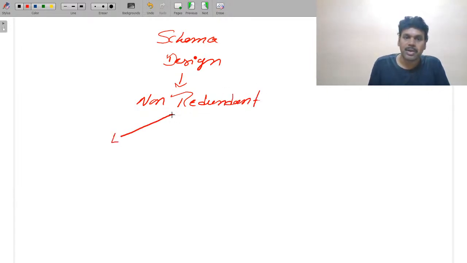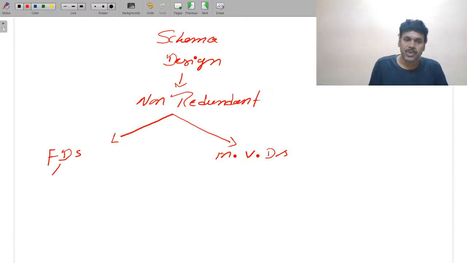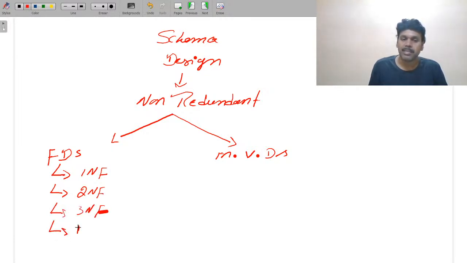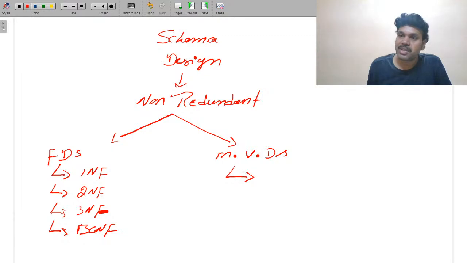To get a non-redundant schema design, naturally you will find some redundancy which comes from FDs and some redundancy which comes from MVDs. FD redundancy is somewhat reduced in 1NF, reduced in 2NF, reduced in 3NF, and completely removed in BCNF. But if you observe, BCNF is still not completely free from redundancy because of a concept called multi-value dependency. So friends, what is the meaning of that?